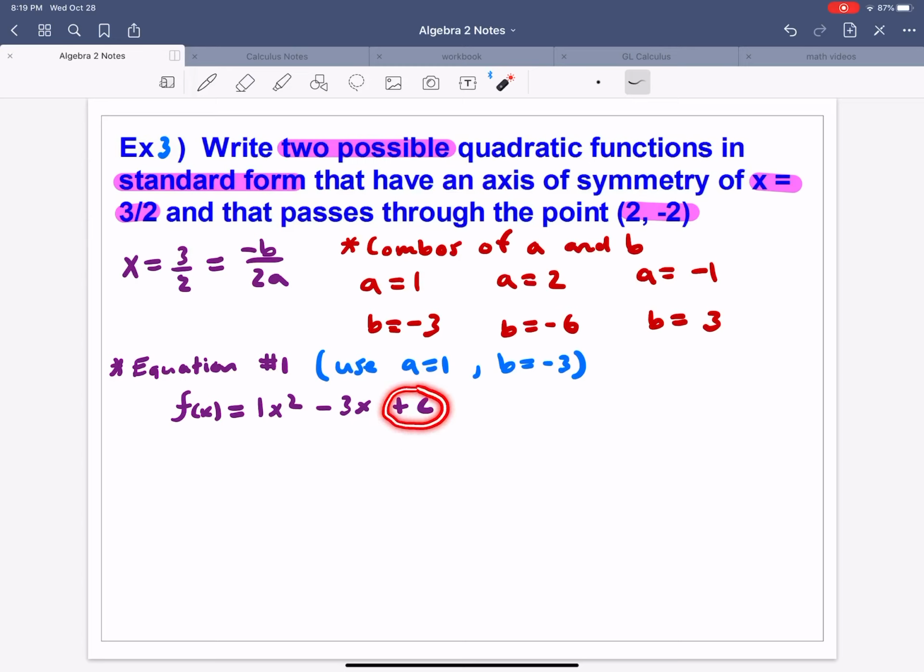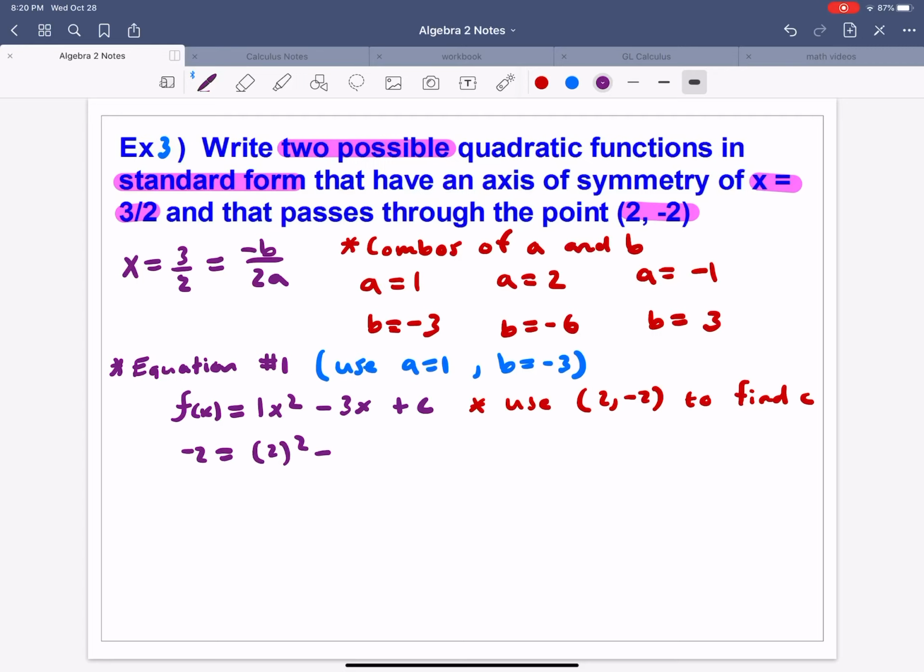To find the c value, I'm going to use that extra piece of information they gave me, that it passes through the point 2, -2. So we're going to use 2, -2 to find c. What that means is we're going to plug -2 in for f of x and 2 in for x.